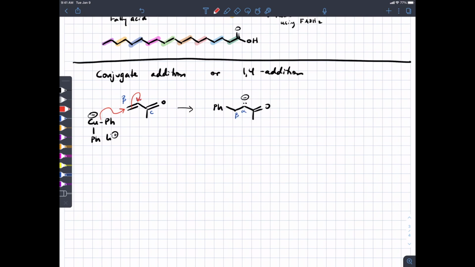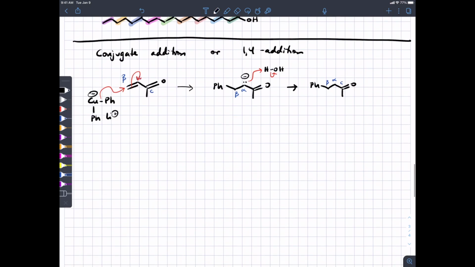And then in a subsequent step, we can pick up a proton. That usually happens during aqueous workup to get the product in which we have a nucleophile having been attached to the beta carbon.